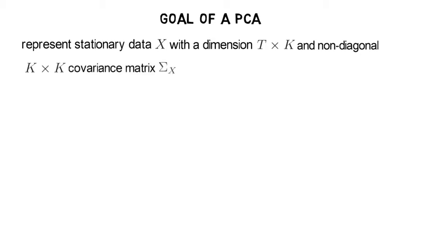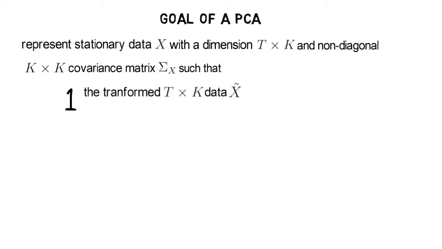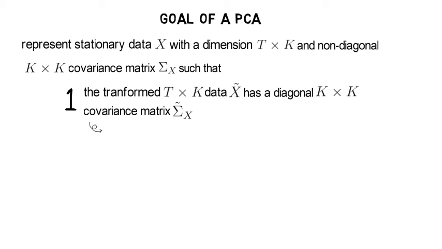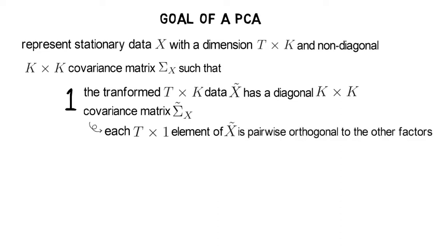So the goal of a PCA is to represent stationary data X with dimension T times K and a non-diagonal K times K covariance matrix, Sigma X, such that, first, the transformed T times K data X tilde has a diagonal K times K covariance matrix, which we call Sigma tilde X. This says that each T times 1 element of X tilde is pairwise orthogonal to the other factors.